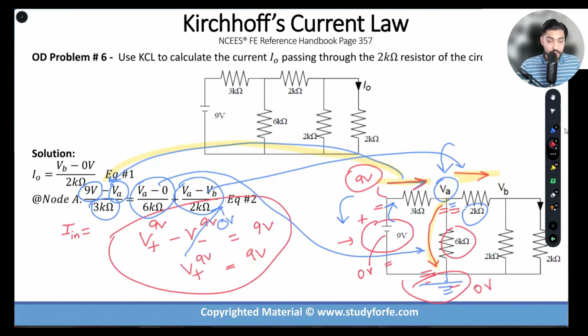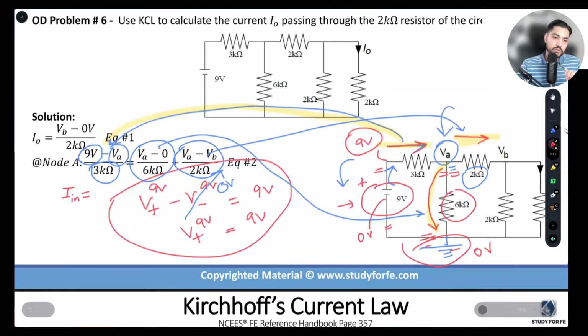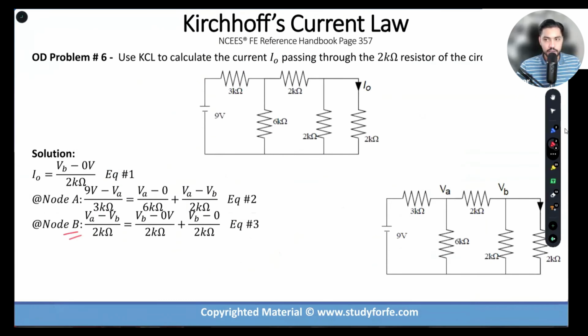Doesn't matter. In fact, you guys can go ahead and solve this question with VB minus VA. The important thing is that when I move on to writing the equation at node B, I cannot make a second assumption or reverse my first assumption and flip the direction of current between A and B. Let me repeat this one more time.